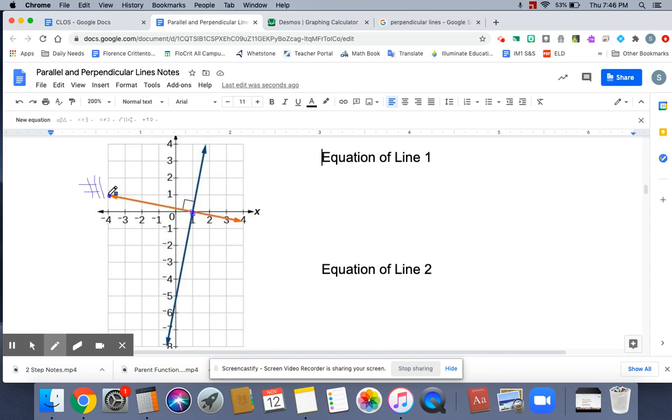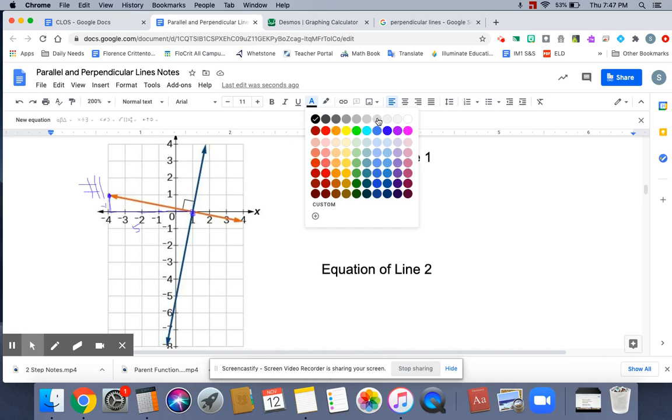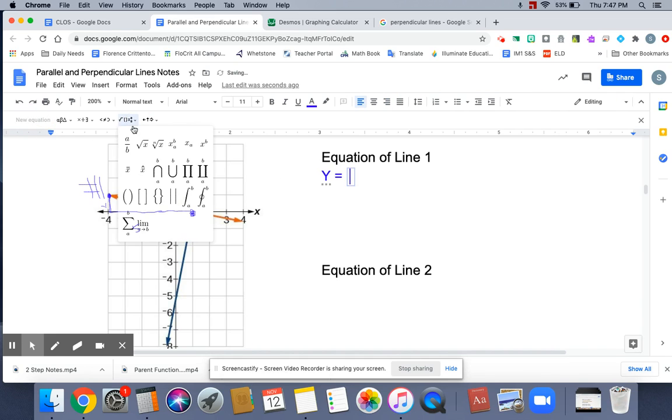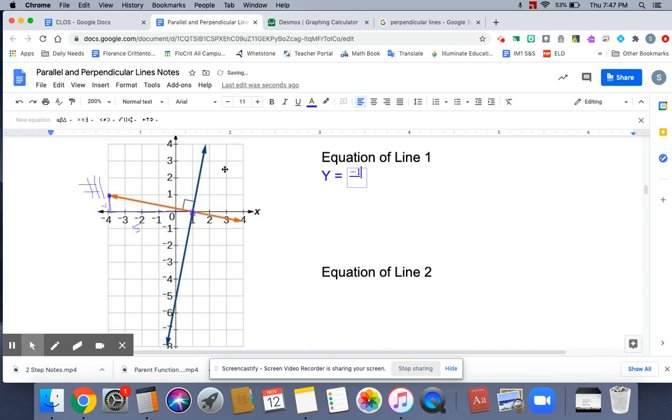So for my slope, I'm going down 1, so it's -1, and then right 1, 2, 3, 4, 5. So my slope for this one, I'm going down 1, then right 5.